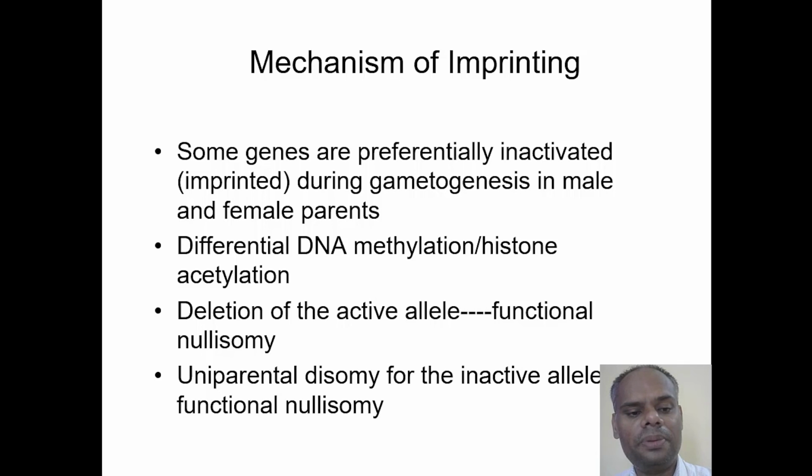The mechanism of imprinting: in some cases, genes are preferentially inactivated or imprinted during gametogenesis in male and female parents. There can be differential DNA methylation, histone acetylation. There can also be deletion of the active allele such as functional nullisomy, or uniparental disomy for the inactive allele like functional nullisomy.